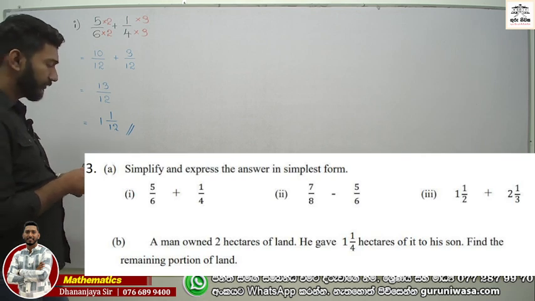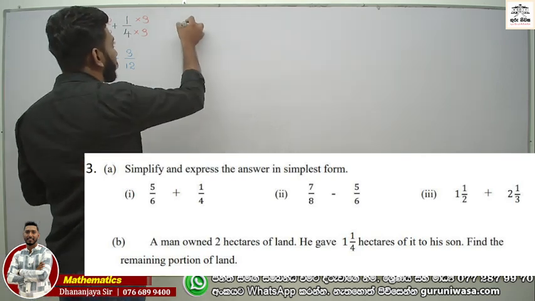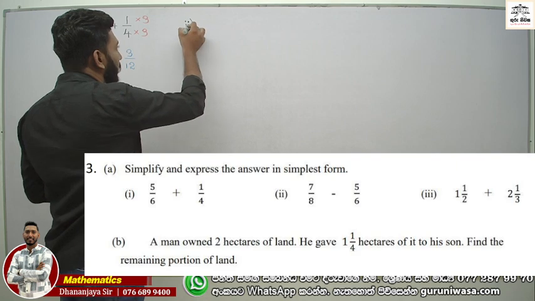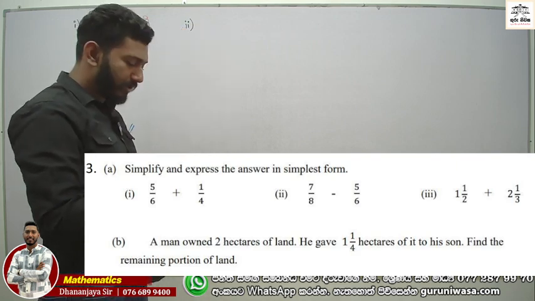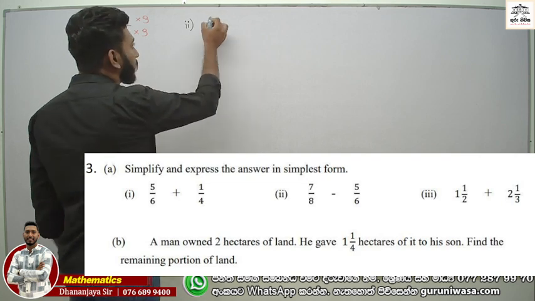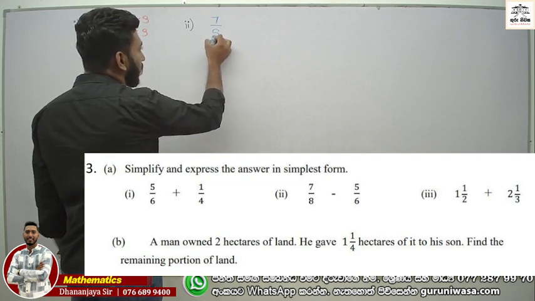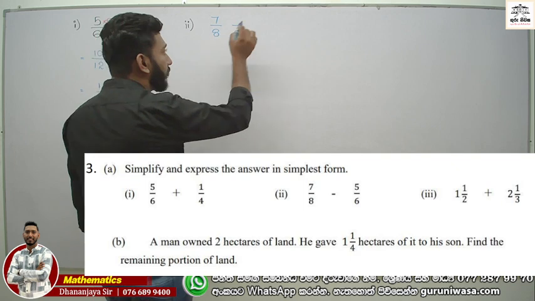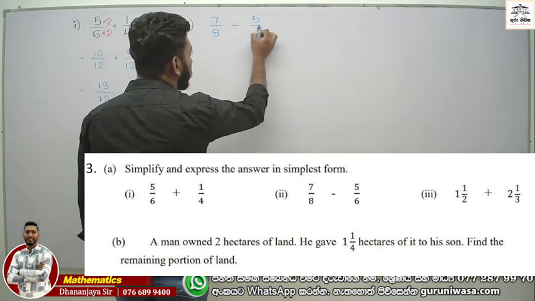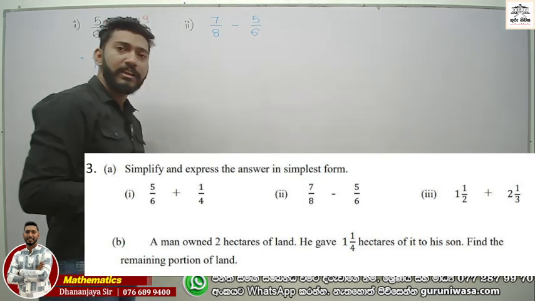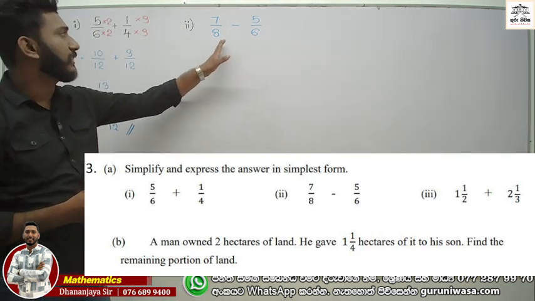Right. Second question. 7/8 minus 5 over 6. Look at this, 8 and 6 are not equal.